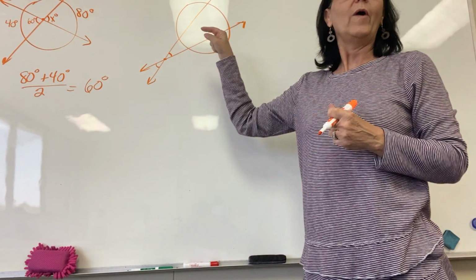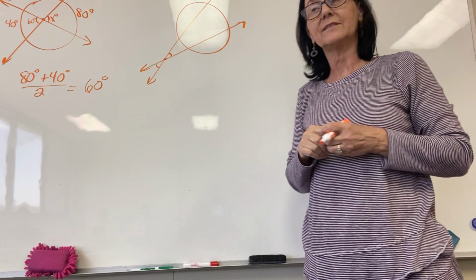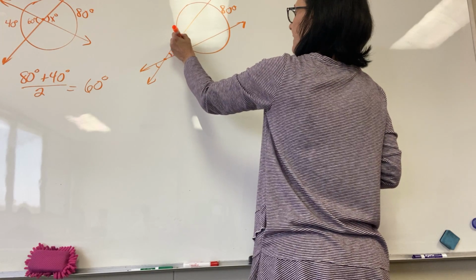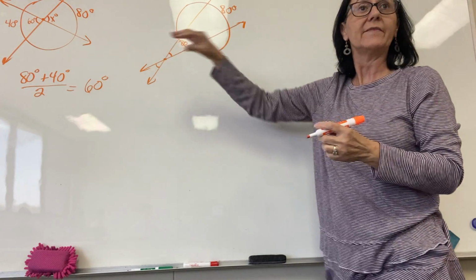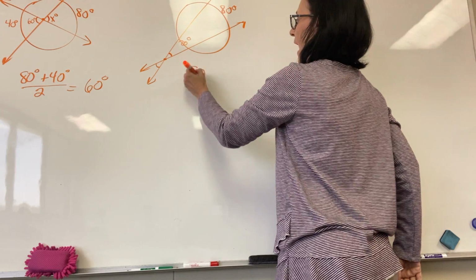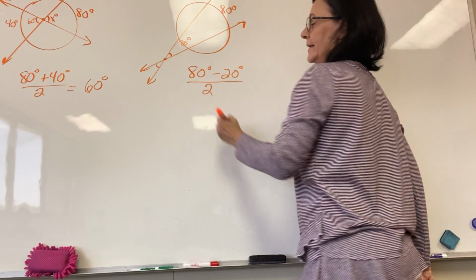Now, when the secant lines create a secant angle outside the circle, let's say this is 80 degrees and this is 20 degrees. Here are my intercepted arcs, the 80 and the 20. I just subtract the farthest one minus the nearest one and divide by 2.